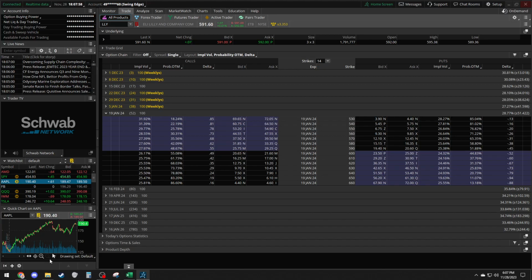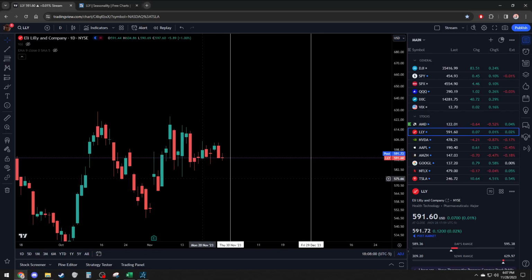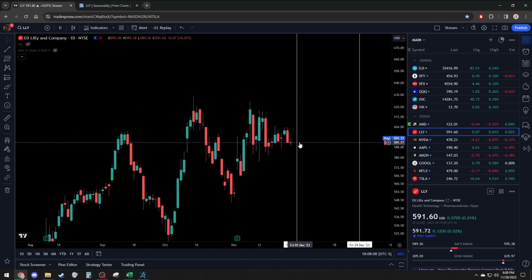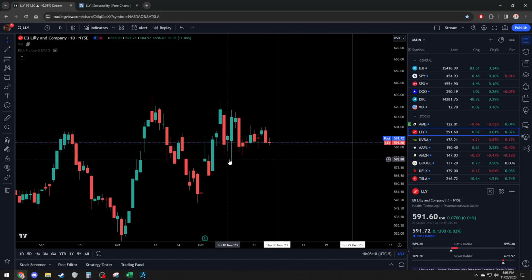So, a little bit more of a technical analysis. I do like that Eli Lilly is in a discounted price area right now. We have been consolidating and we're still consolidating. So I'm hoping, by the time Thursday rolls around, I could scoop up Eli Lilly at a lower price, or enter the options contracts at a lower price, because that gives me a little bit more edge.